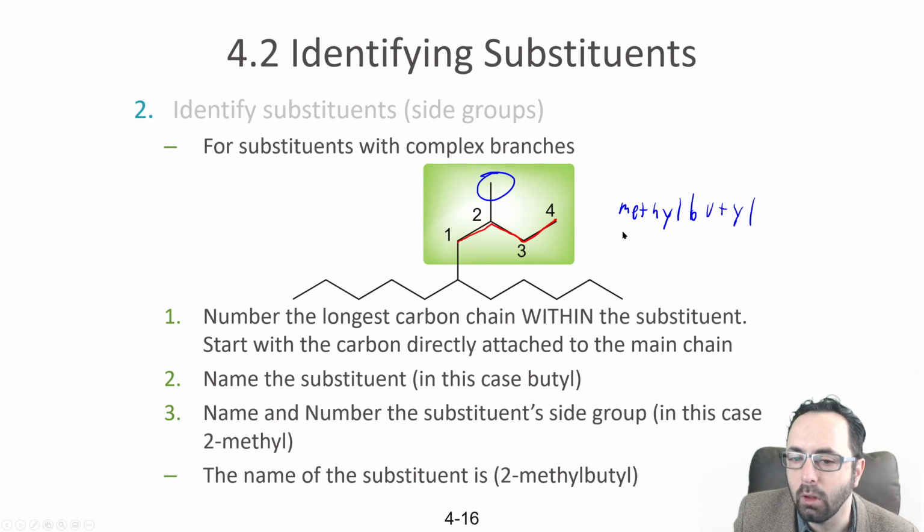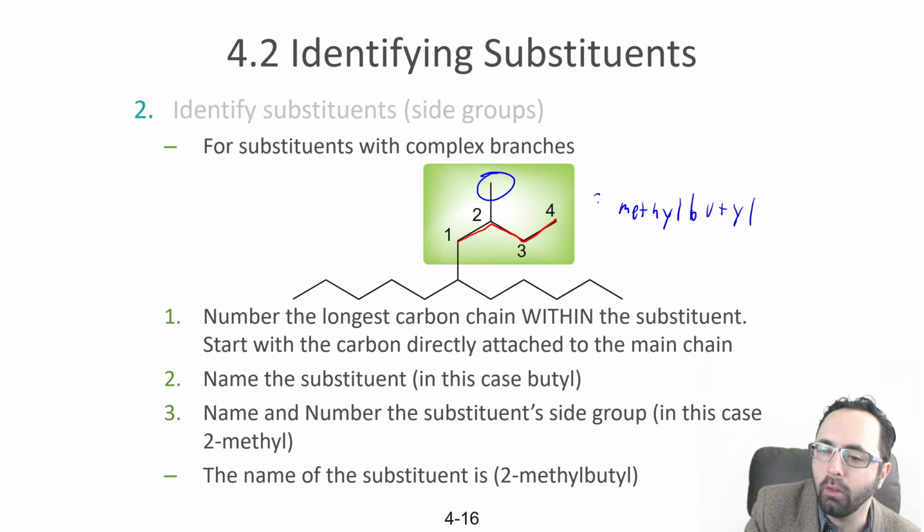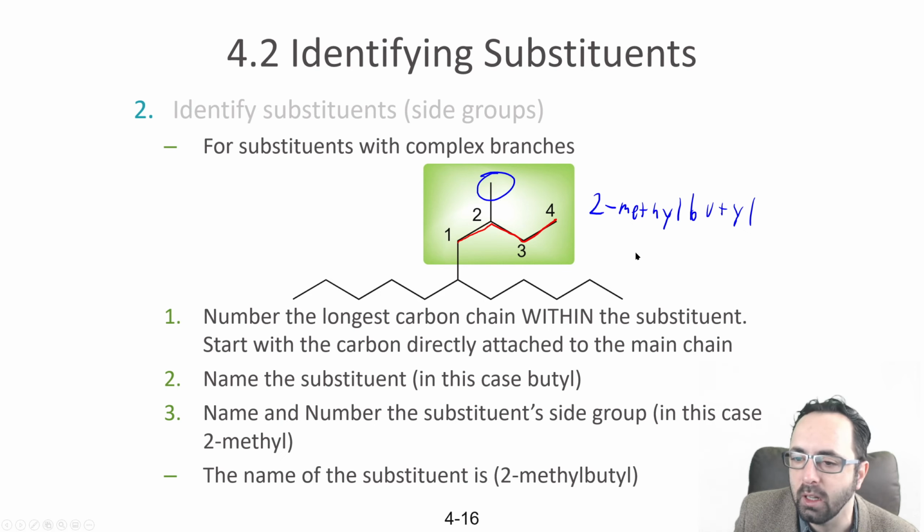And then finally, we'll use a locant to describe where the branch is. It's on the 2nd carbon from where the branch begins. So we would call this 2, and we always put a dash between numbers and letters. So make sure whenever you're writing the name, numbers and letters are never touching. There's always a dash between the numbers and the letters. So this substituent would be called 2-methylbutyl.